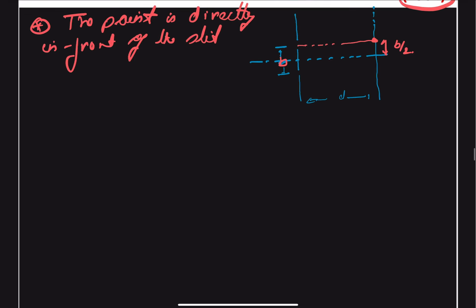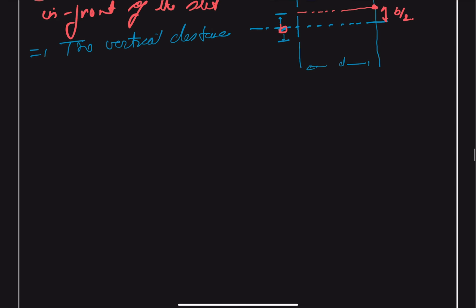So it means the vertical distance from the central axis, which is given as y, will be equal to b by 2.